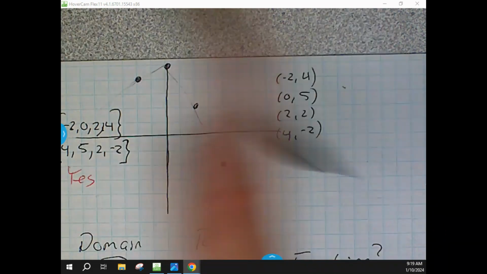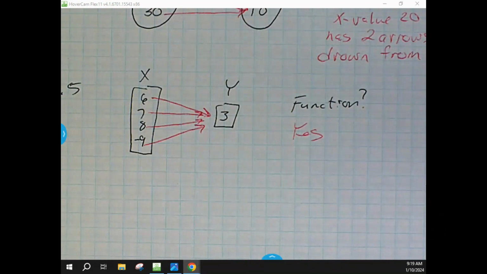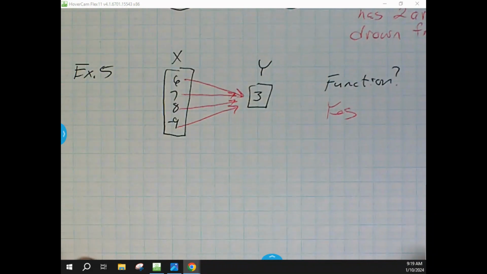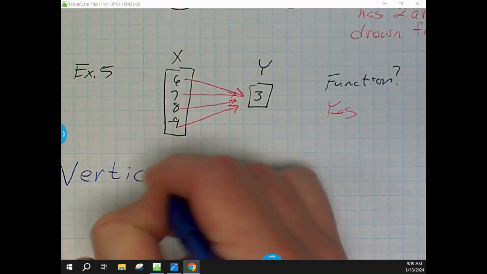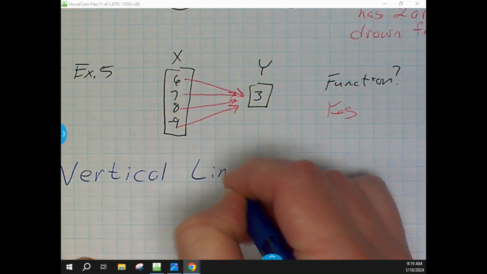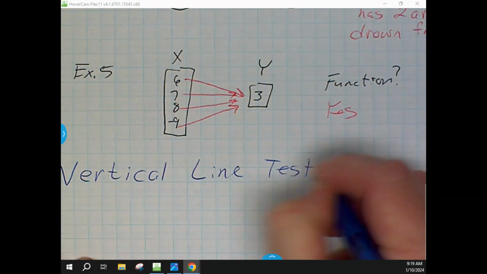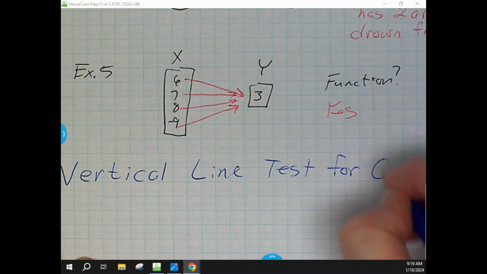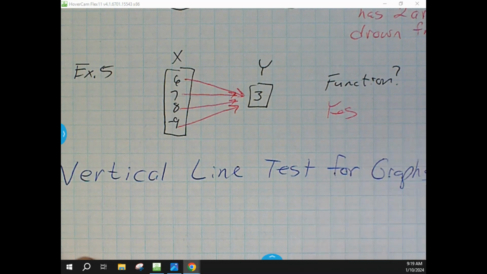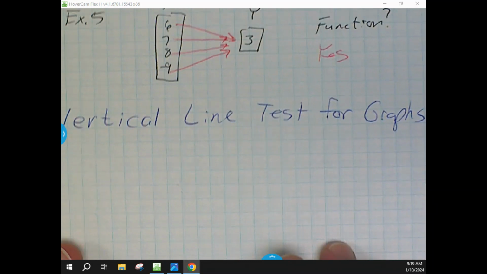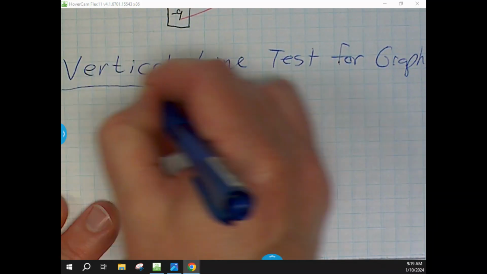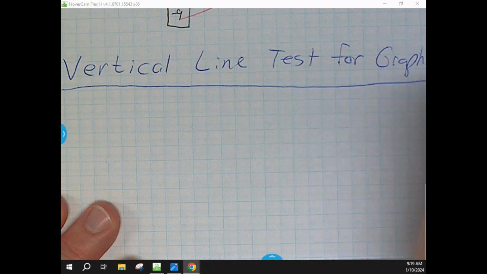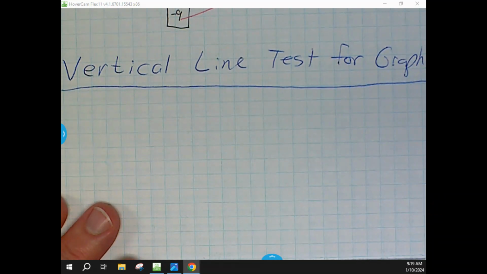There's actually an easier way than writing down all the different values. We're going to use a vertical line test for graphs. And with that one, you don't have to actually do anything.